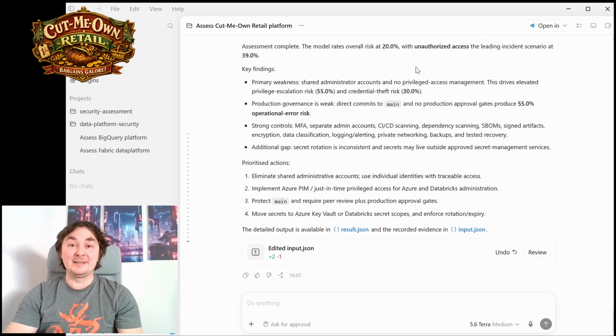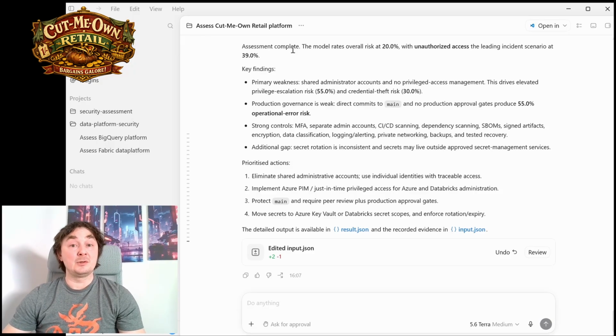So that is very likely to happen one way or another, and that is their primary weakness: the shared administrator accounts and no PAM implemented, and that drives the elevated privilege escalation risk up to 55%, and the credential theft to 30%.